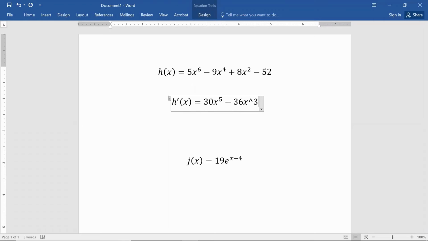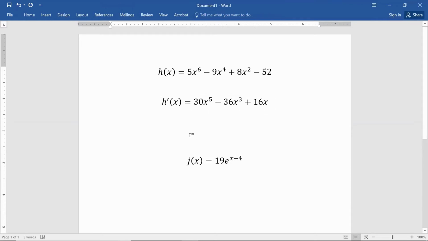Negative 9 times 4 becomes minus 36x to the 3rd, plus the derivative of 8x squared, that's 16x. And then minus 52 has derivative of 0. So h prime of x is 30x to the 5th minus 36x to the 3rd plus 16x.